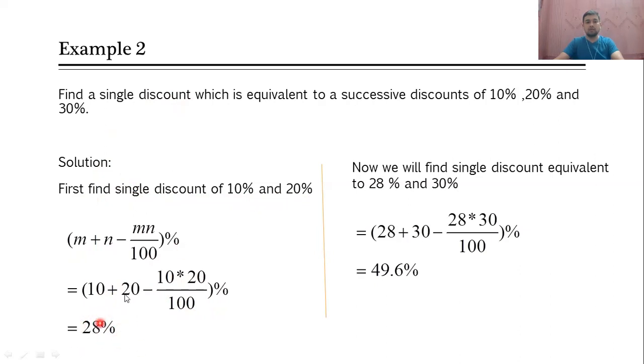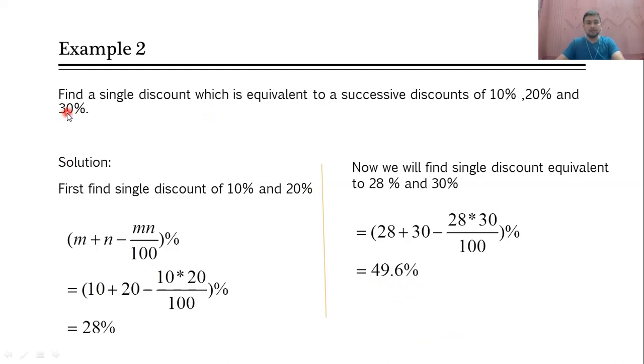So the first two discounts are equivalent to 28%. Now this 28% and 30%. So again, m is equal to 28, n is equal to 30. So m plus n minus mn upon 100, it will be 49%. So if on an article there are three successive discounts of 10%, 20%, 30%, it is equivalent to 49%.